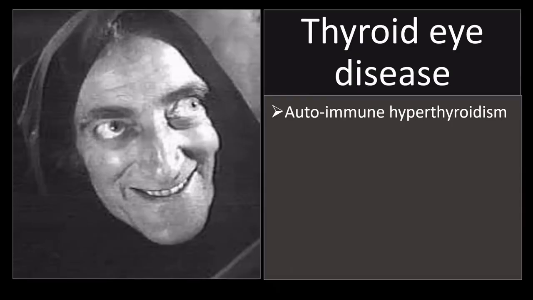Well, thyroid eye disease is associated with autoimmune hyperthyroidism, especially Graves' hyperthyroidism. And the development of thyroid eye disease has nothing to do with the thyroid function. So you can see it in patients who are hyperthyroid, but also after normalization of the thyroid function, patients can have the clinical manifestations of thyroid eye disease.